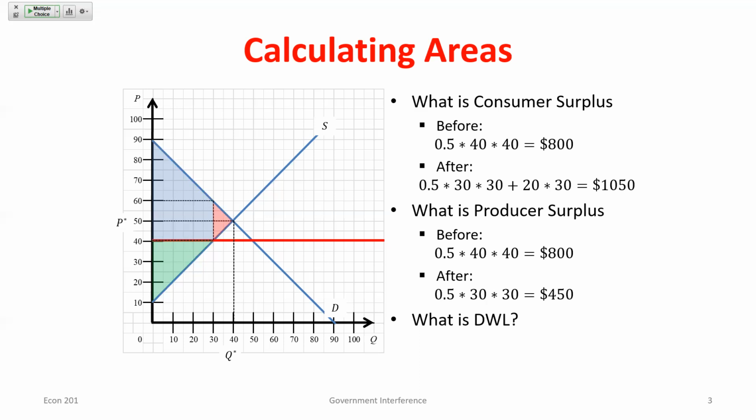So it's a triangle, so I can take the height, 60 minus 40 is 20. The base, 40 minus 30 is 10. 20 times 10 is 200 times 1/2 is 100, right? So it doesn't matter if we just use the area on the graph or we think about the actual definition of deadweight loss, which is how much total surplus we lost out on after this government regulation.